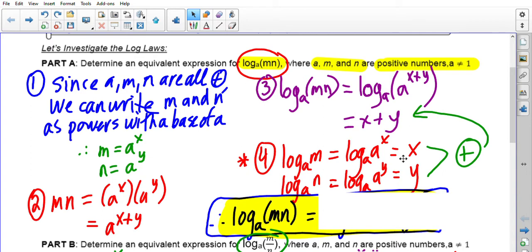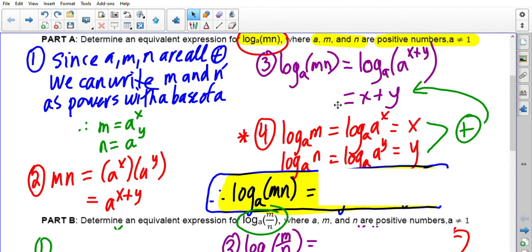So how can I relate these two answers to the log version of them being multiplied? Well, if I take these two values and add them, then I get this answer up here. So how does that create a log rule? That means log of m times n to the base a can actually be written as this plus this.